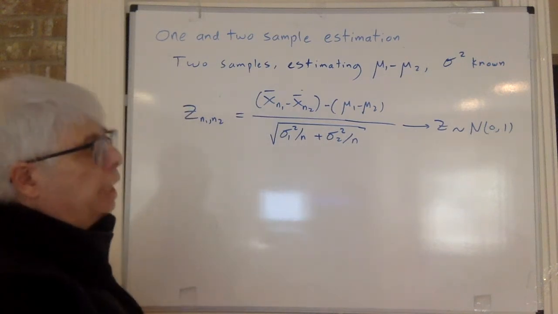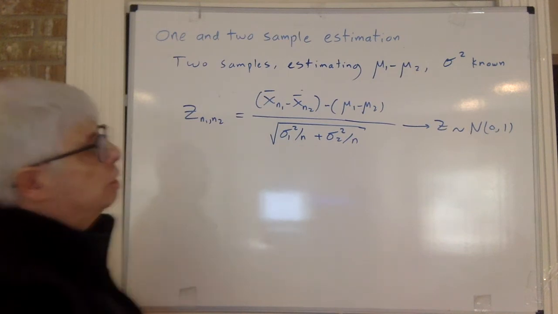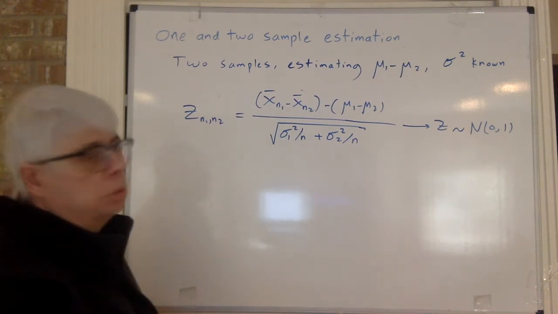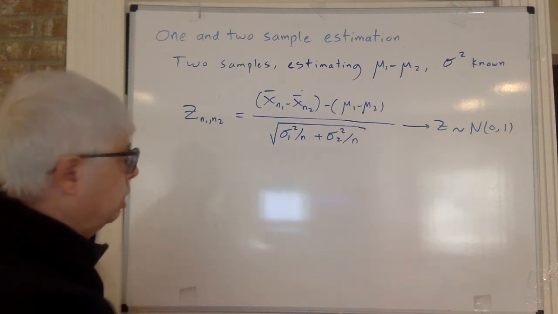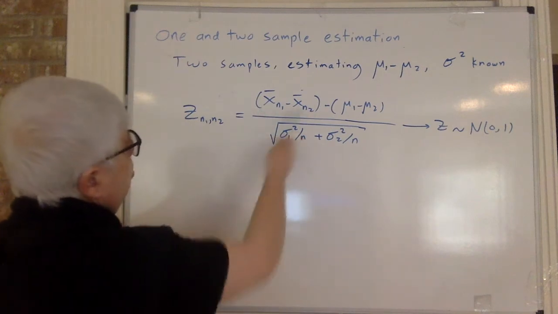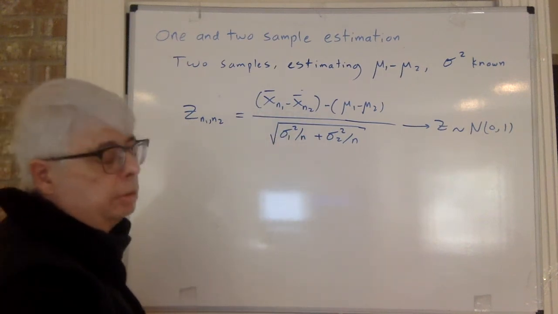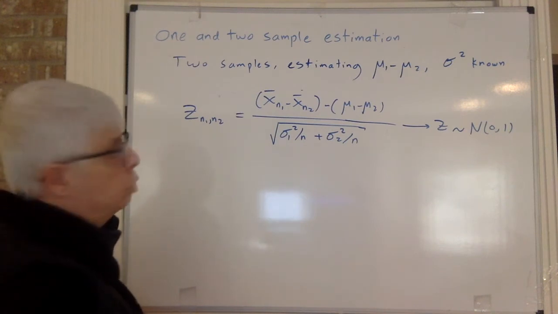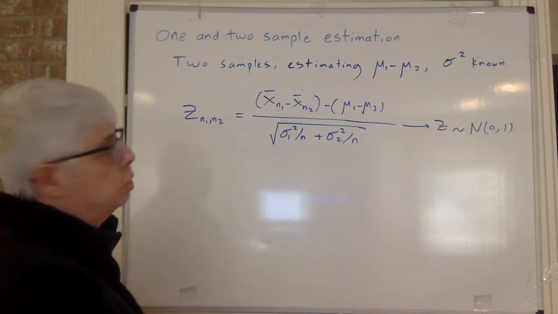So again, by CLT, it approaches some z which is normal 0, 1. This is not anything new, except you have to remember that adding or subtracting normal random variables will give you another normal distribution.